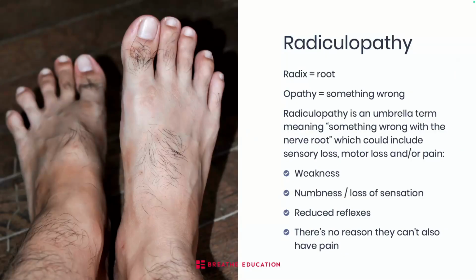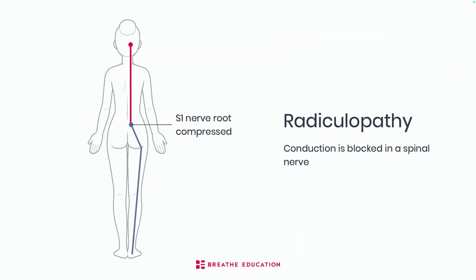So which particular nerve root, which particular nerve fibers are irritated, is going to determine what type of symptoms you get. So people can get all kinds of weird and wacky symptoms in radiculopathy. Right, so in radiculopathy, conduction is blocked. So we basically throttle off that nerve root and we squeeze it maybe, or reduce the amount of oxygen that it gets, or glucose, etc., and it just can't do its job, right?